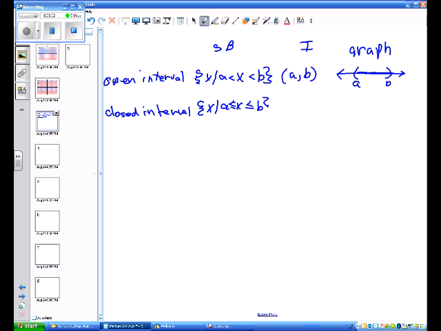It includes those endpoints. In our interval notation, to show that, instead of the parenthesis there, we're going to put a square brace, and that shows that those endpoints are included.